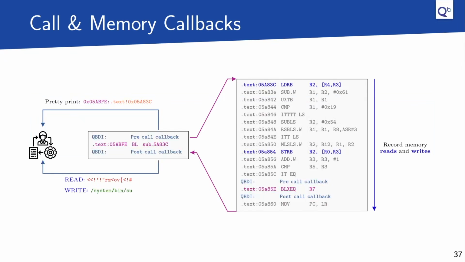If we take this example, here you have a callback with QBDI before this call, and a callback after this call. Within the call, you will record only memory accesses that are done on a byte. So here, there is a byte load. They are doing some computation and they are writing a byte.